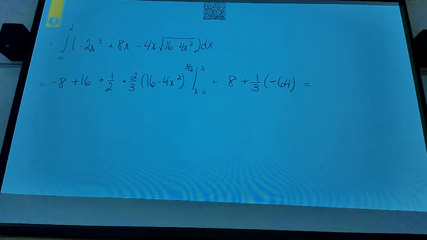Negative 24 minus 64 is negative 40, right? So we have an outward flux of negative 40 over 3.